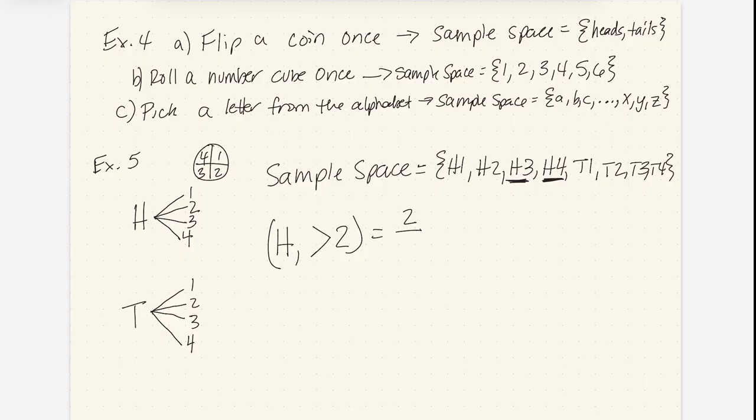But then I need to count how many possible numbers there are. There's 1, 2, 3, 4, 5, 6, 7, 8 possible outcomes in my sample space. So 2 out of 8 is my probability of spinning greater than 2 and flipping the coin and landing on heads. I need to reduce this down though because I cannot leave it as 2 over 8. My actual probability is 1 over 4.